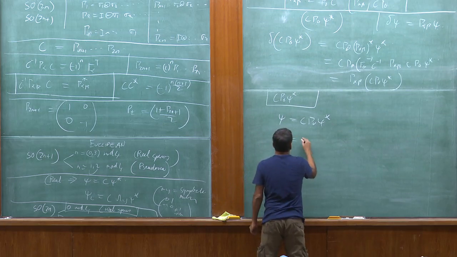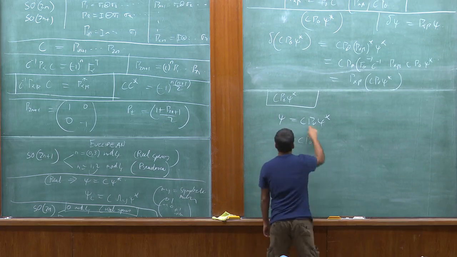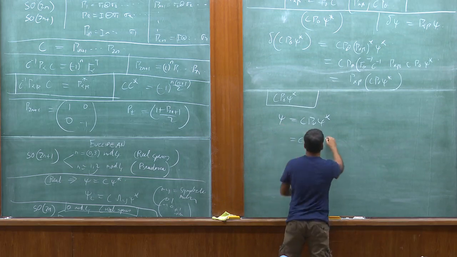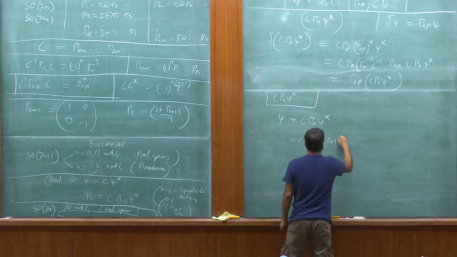So we can write psi is equal to C gamma 0, and then psi, the whole thing star, but psi was from here, C gamma 0 psi star. Star.